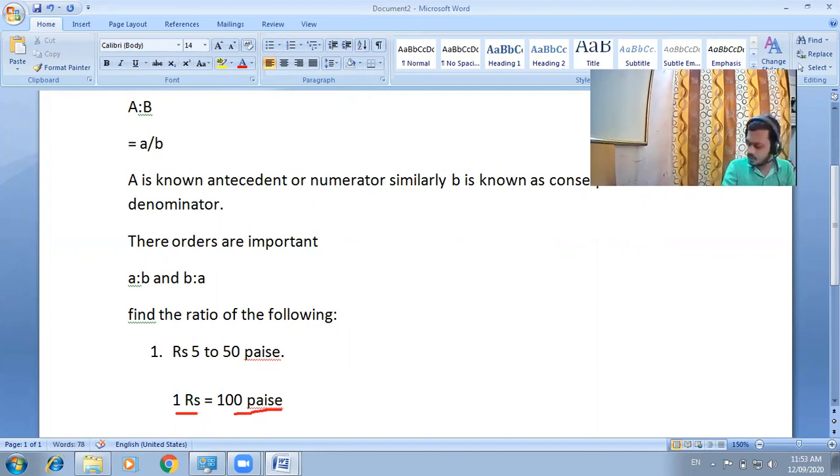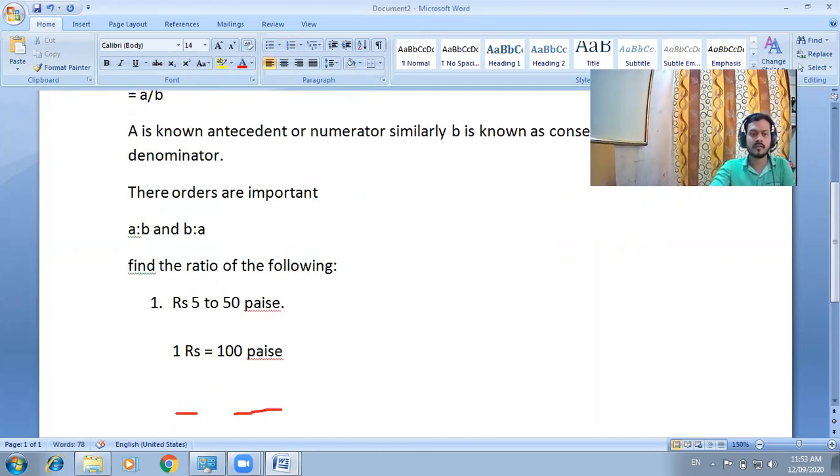1 rupee equals 100 paise. We can put their values in the given question. Then our answer becomes 500 paise to 50 paise. Okay, their units are the same.